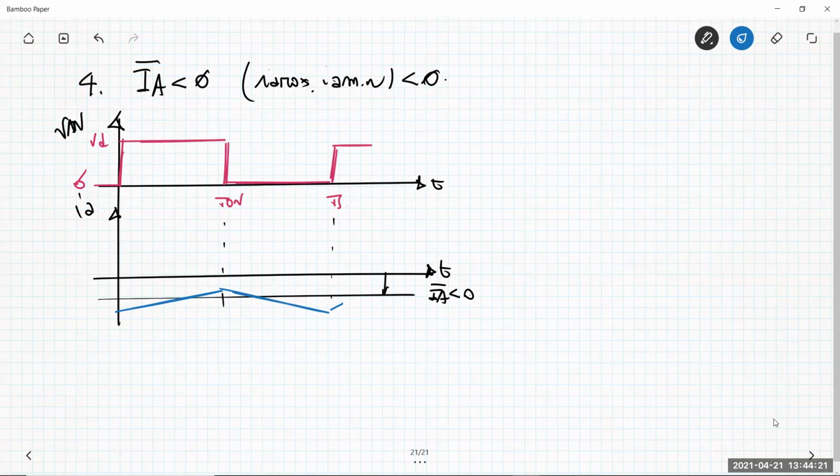What happens here? Okay, the same discussion. TA plus is on, TA minus is on. The current is always negative. So what happens during TA plus? During TA plus, basically, this is on.